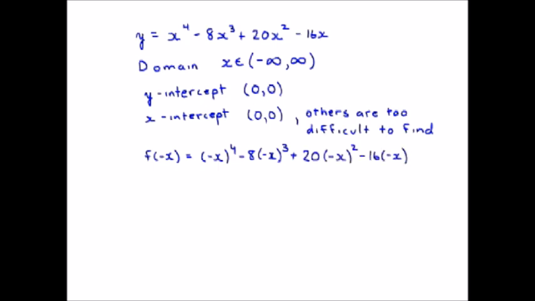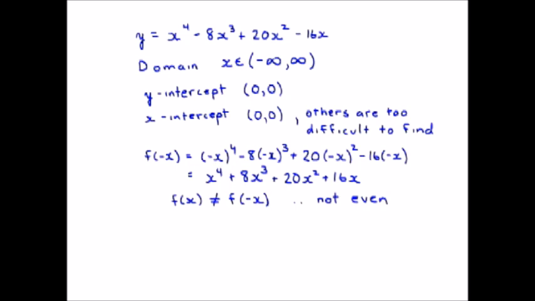And I find that f of negative x is equal to x to the 4 plus 8x cubed plus 20x squared plus 16x. You can see that this is not equal to f of x, because f of x was x to the 4th minus 8x cubed plus 20x squared minus 16x. So since f of x does not equal f of negative x, it is not even.